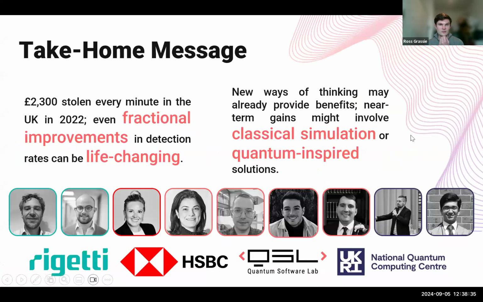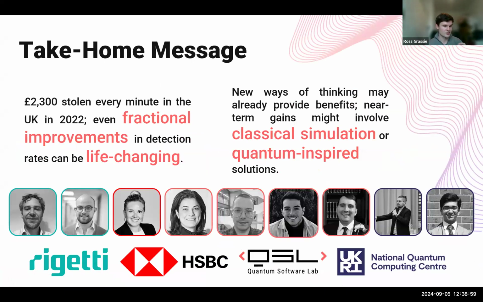But some kind of key take-home messages that I wanted to highlight were that we very deliberately picked fraud detection because we're still in this era where these improvements that we could see from using quantum solutions over classical solutions were likely to just be fractional improvements.